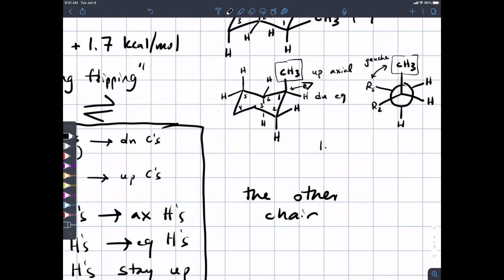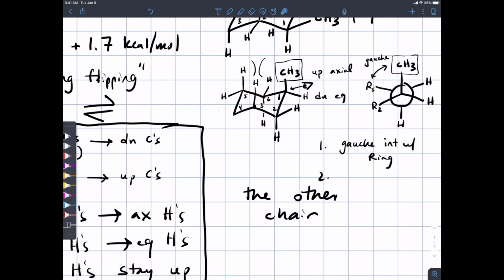One is the gauche interaction with the ring. And the second problem is that the methyl group is actually big enough to start to bump into, or make steric contact with, the hydrogens that are 1, 2, 3 bonds away.